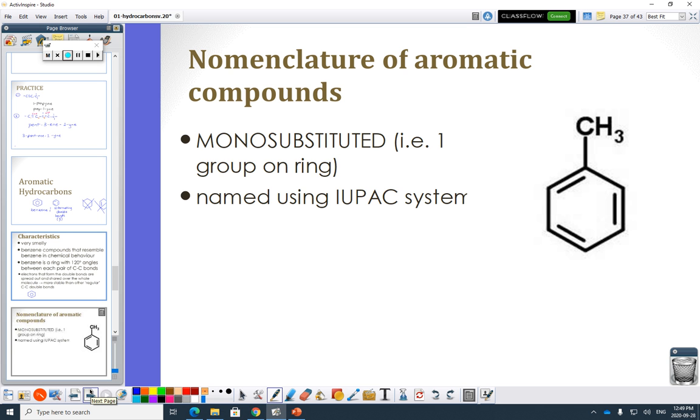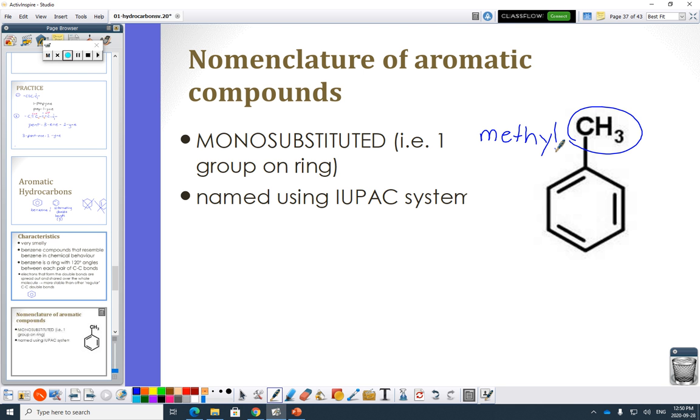Okay, so you can substitute items onto the ring. So the same thing here, you're going to do the parent chain and the group attached. So here, this one carbon is meth. When you have a branch, we use yl. Same thing, okay?